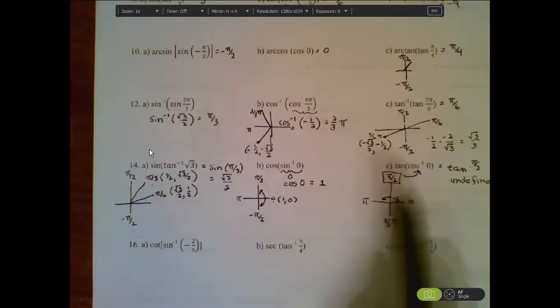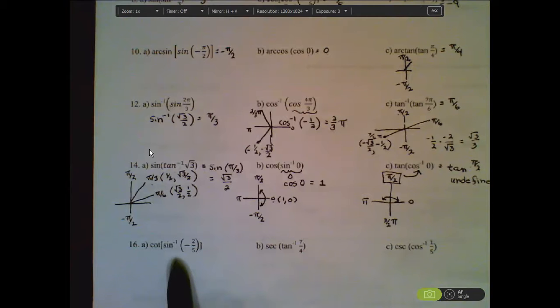Now, what's different about that and number 16? Number 16 looks similar. I could find the angle whose sine is -2/5, or could I? Is that something I have memorized on the unit circle? Do I have one of the angles that I have memorized? Do any of them have the y-coordinate -2/5?